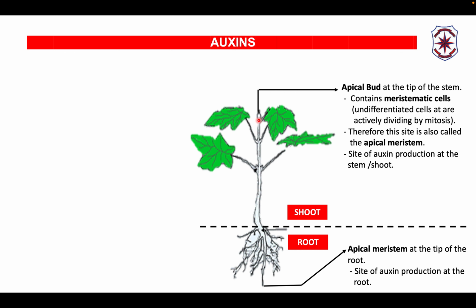mitosis happens. And mitosis actually helps the plant. We know mitosis as a type of cell division that makes more cells for the plant to be able to grow.